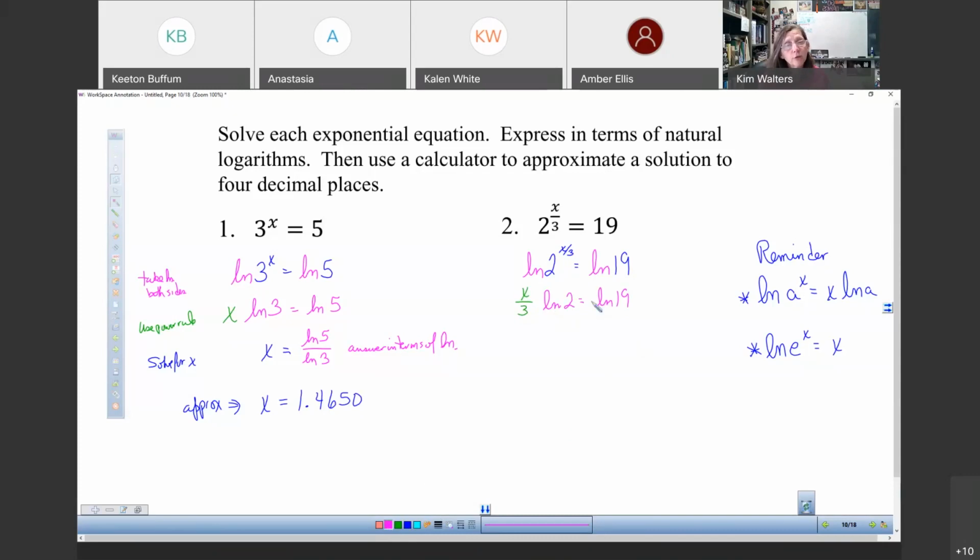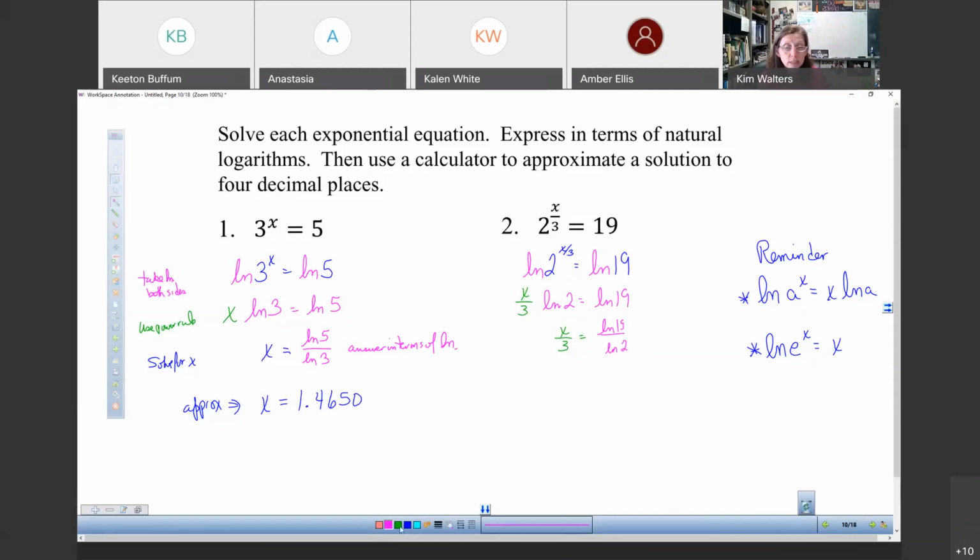I'm going to solve for x in a two-step process. I'm going to first get rid of this natural log of 2. And so I'm going to have x over 3 is equal to the natural log of 19 divided by the natural log of 2. I still need to solve for x, which means I'm going to multiply both sides by 3.